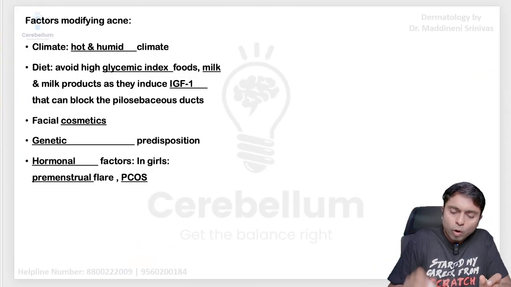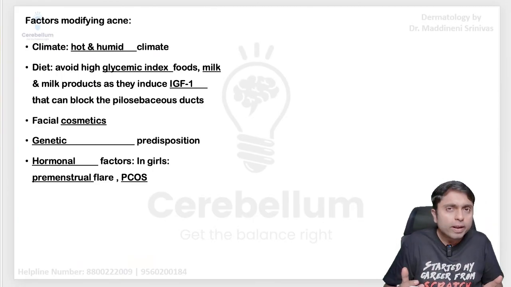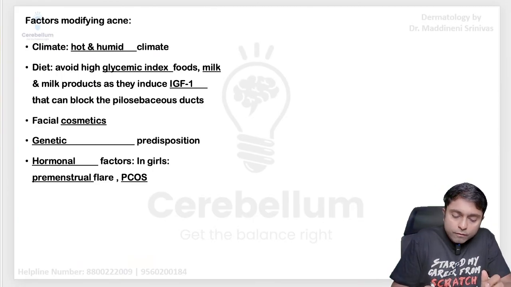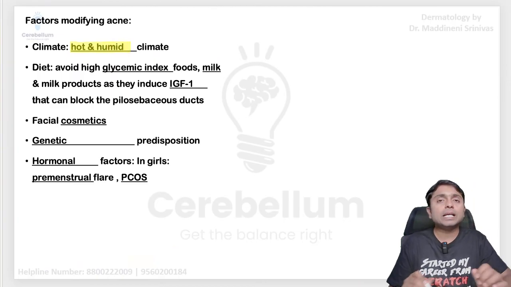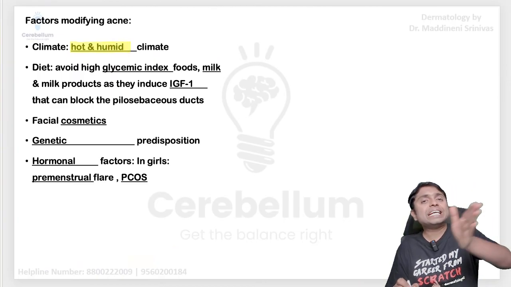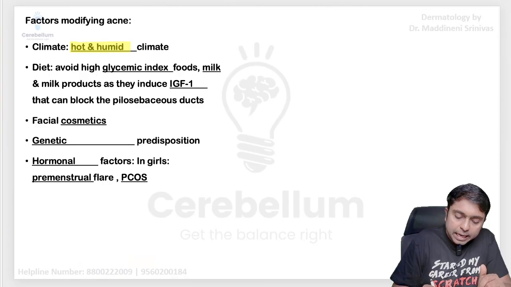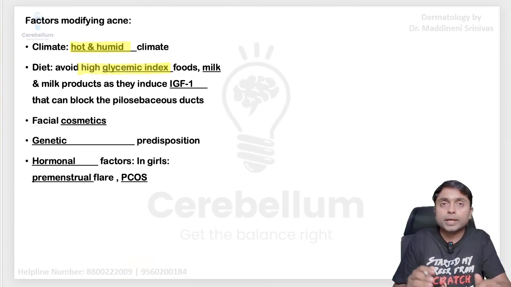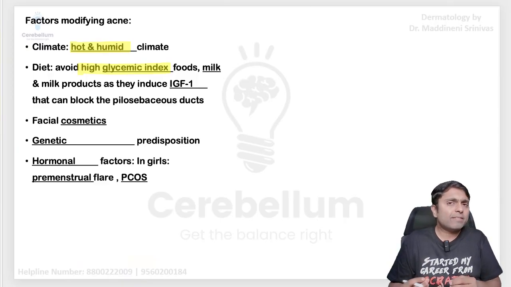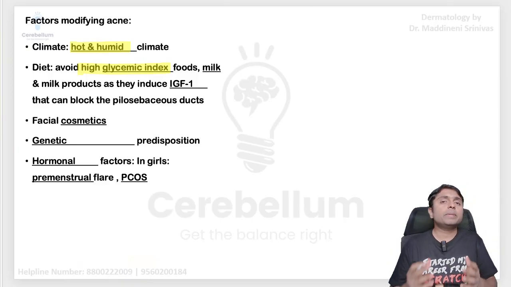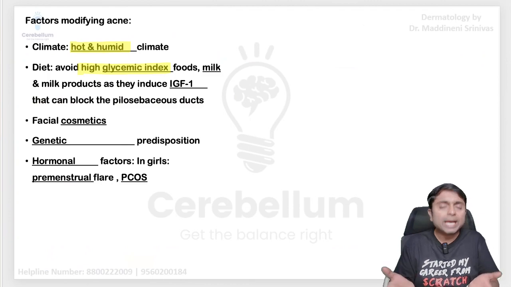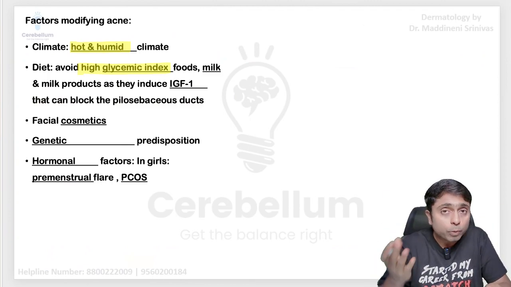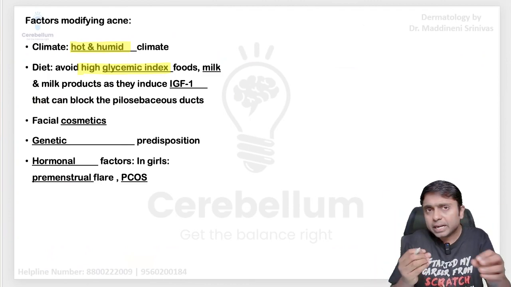So what are the factors which are going to modify the acne? Remember students, whenever the climate is hot and humid, that is going to aid in the development of the acne. And in the diet, remember, a very high glycemic index diet is going to trigger acne vulgaris. What are the foods which are high in the glycemic index? All those foods which elevate the blood glucose levels and produce a spike in blood glucose immediately after eating.